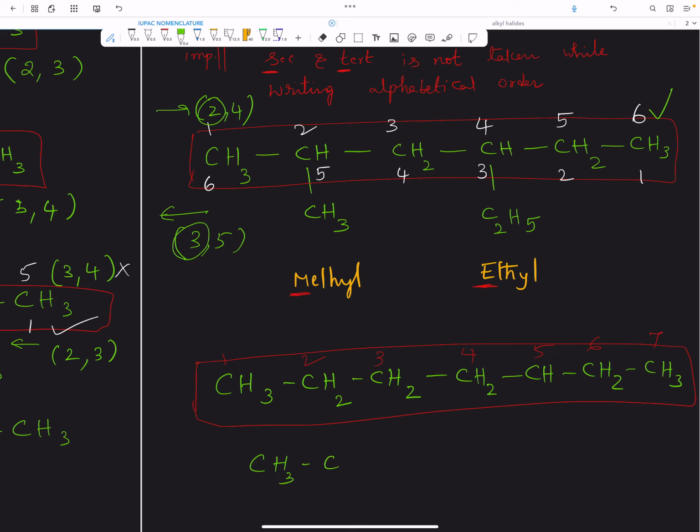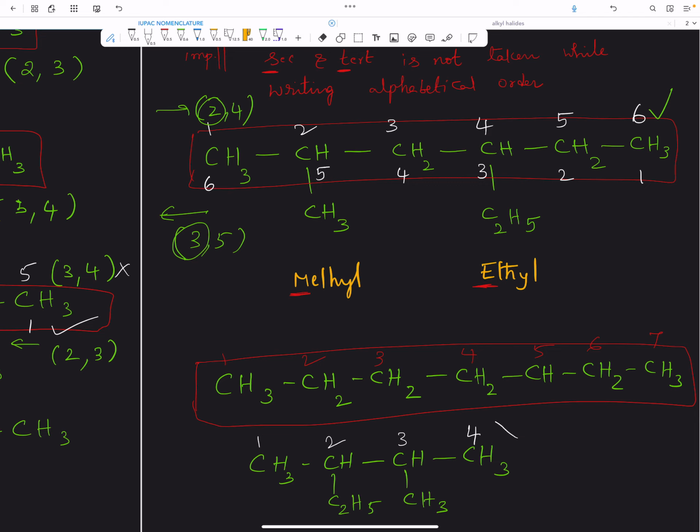CH3, CH, CH, CH, CH3, here C2H5, here CH3. The numbering is done from 1, 2, 3, 4.